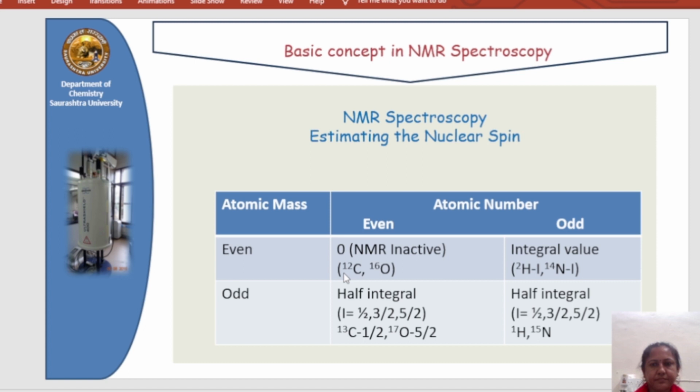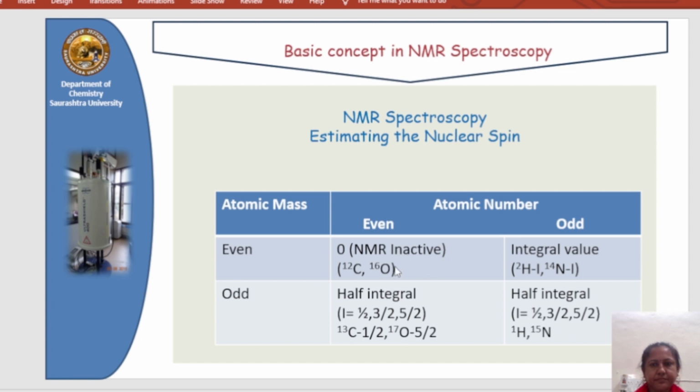After the Boltzmann distribution, the population is half: 3 protons in the excited state and 3 in the ground state, and the same for neutrons. Proton spins cancel out with protons, and neutron spins cancel out with neutrons, so there is no population difference. It means I is equal to 0.